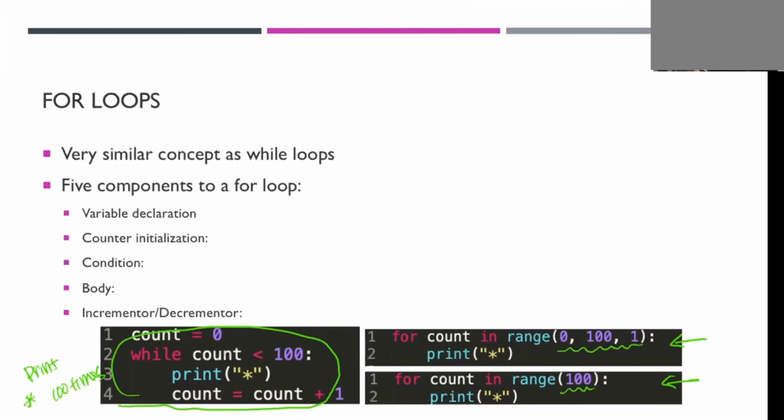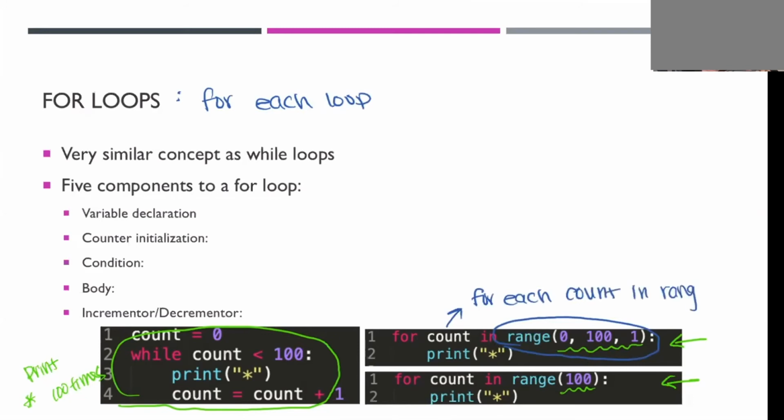So a for loop, if you were to write it out in English, think of it as a for each loop. So when I have this right here, it's for each count in the range of 0 to 100 to 1.